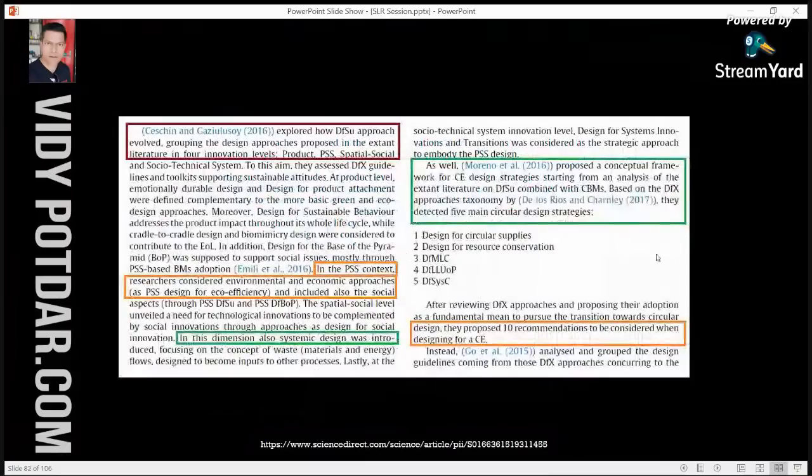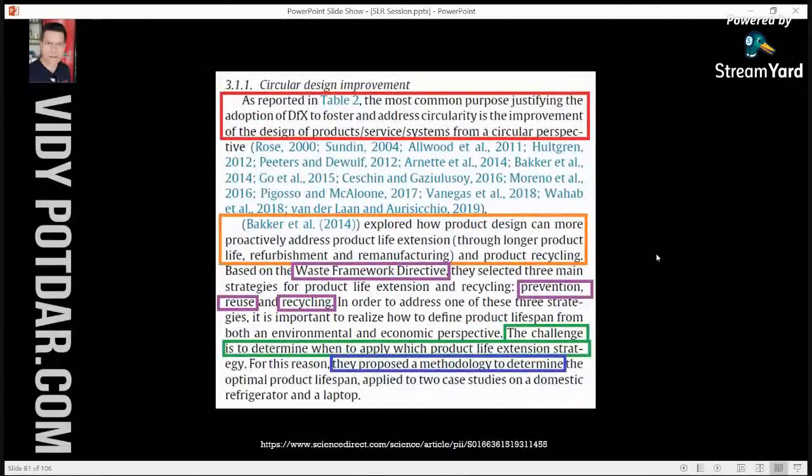All right, so this content here is the literature analysis or synthesis. Like I said earlier, when you are writing a systematic literature review, you have very limited space for what you can include.